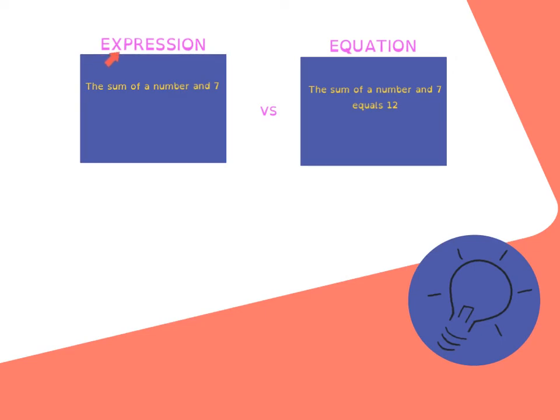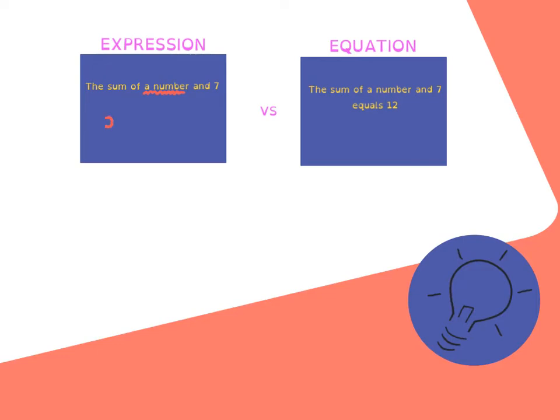It's important that we establish the difference between an expression versus an equation. So here I have a statement, the sum of a number and 7. In our algebra, when I am talking about a number, it means something that's unknown.